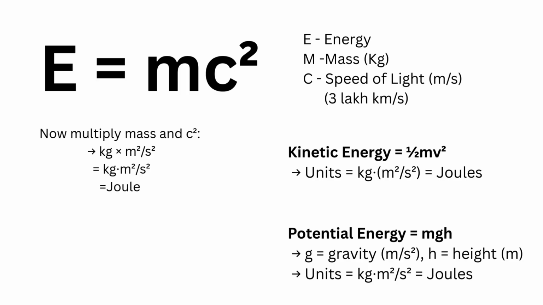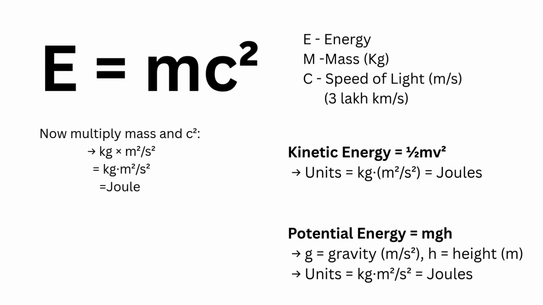Here g is the gravity, which is meter per second square, and h is the height, in meter. So the unit will be kg into meter square divided by second square, which is also the joule.